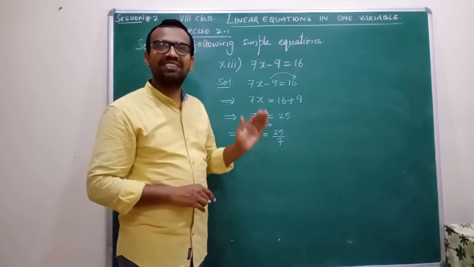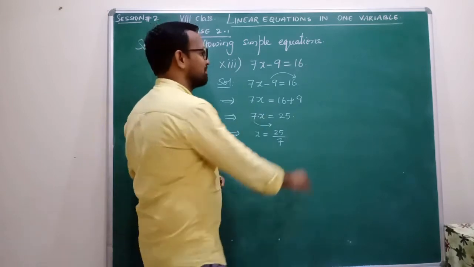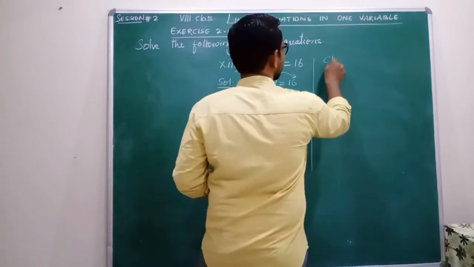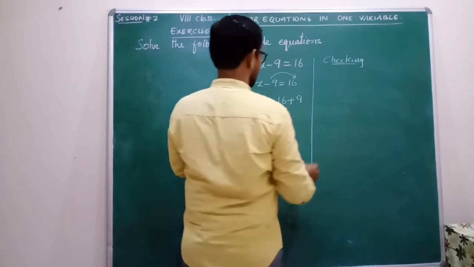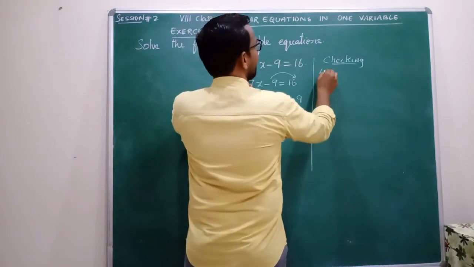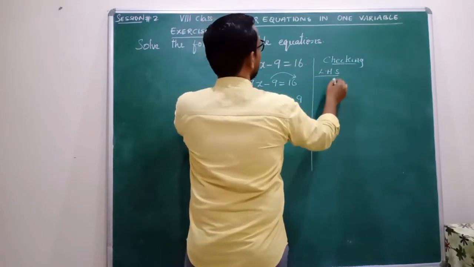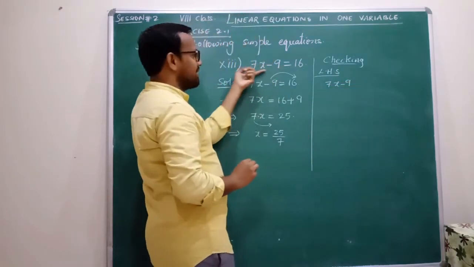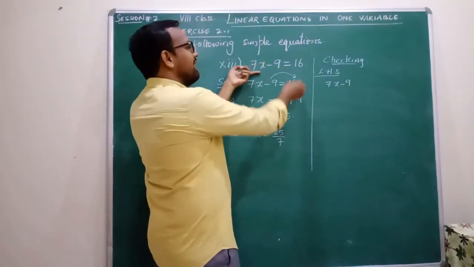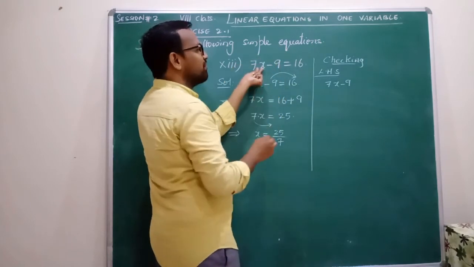Let us check whether this is correct or not. So in the given equation, the left hand side is 7x minus 9, isn't it? This is the left hand side. And in this, I will substitute the value of x.